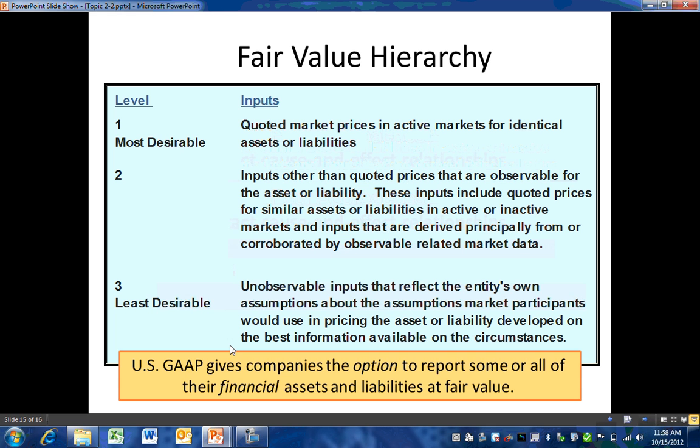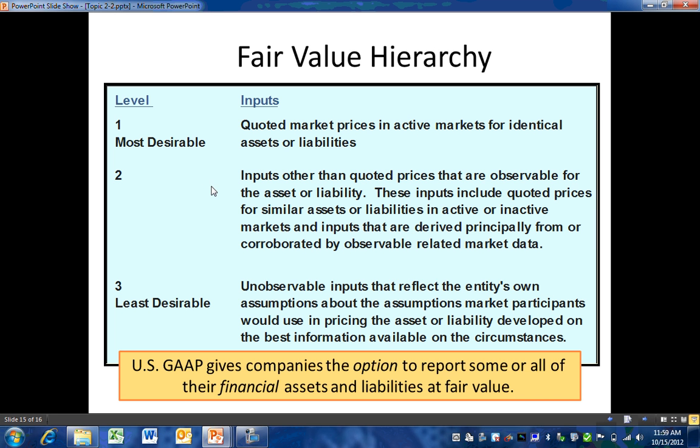More and more reliance is being placed on fair value. And when we talk about fair value, it is not necessarily market value. GAAP defines 3 levels of fair value. The most reliable is when we can place the measurement of an asset or liability on a market price that comes from an effective and active market.